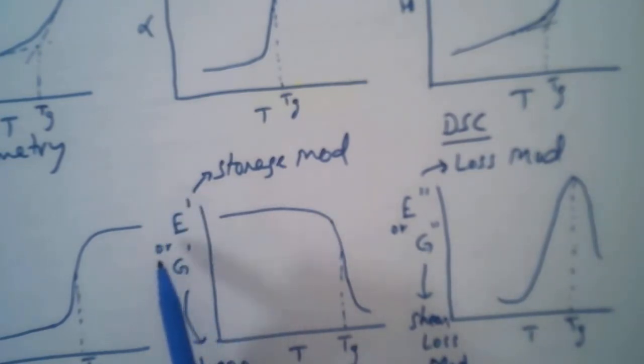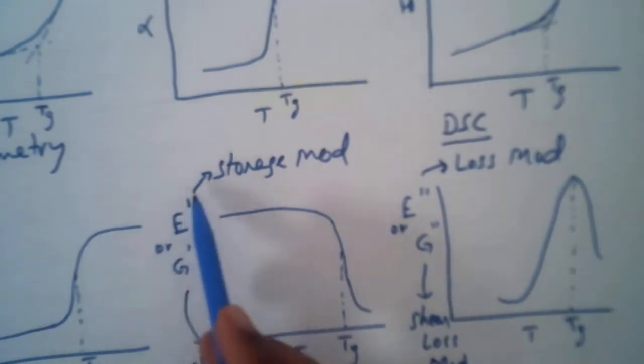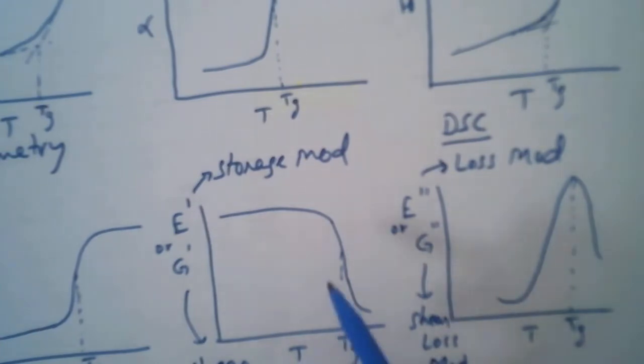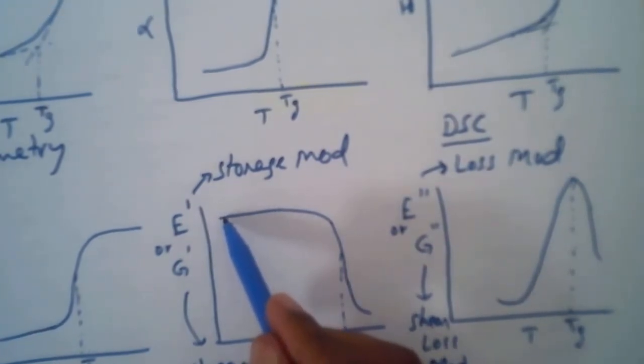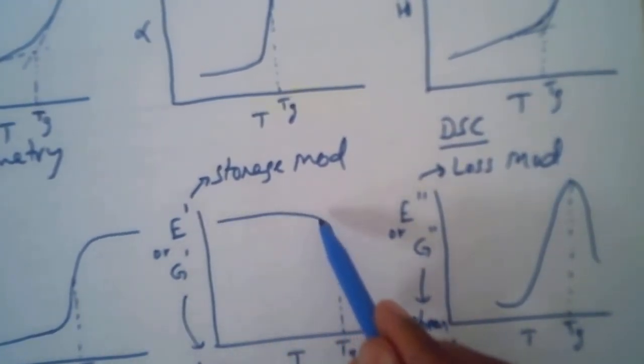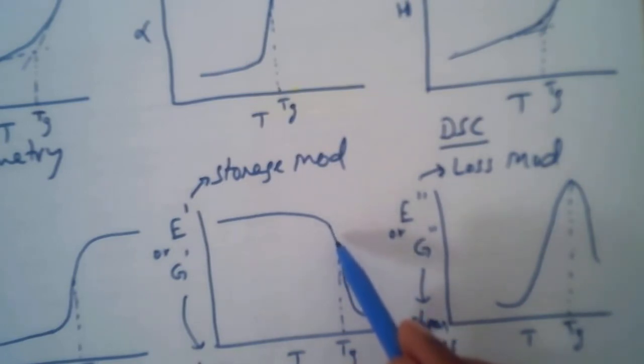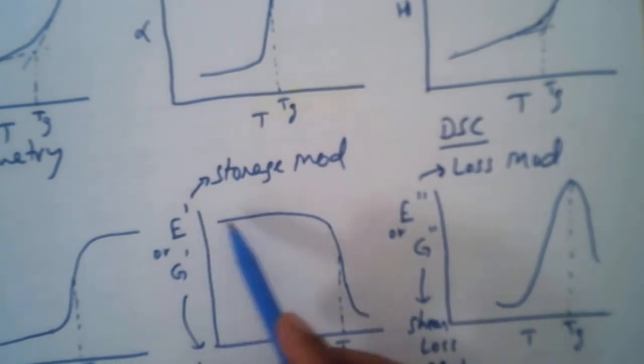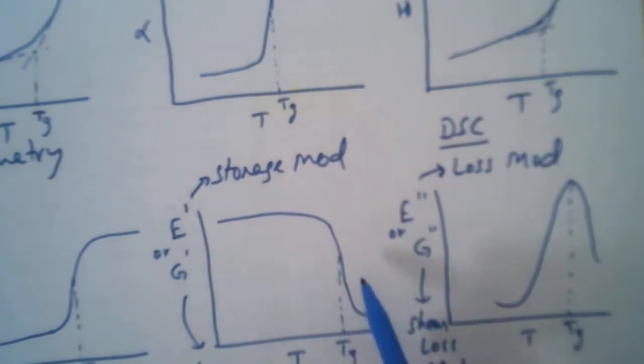curve, G prime versus temperature or E prime versus temperature, initially you will have a plateau, and then at some point it suddenly drops, the curve drops, and that is the point, or somewhere in the middle of it we can call the glass transition temperature.